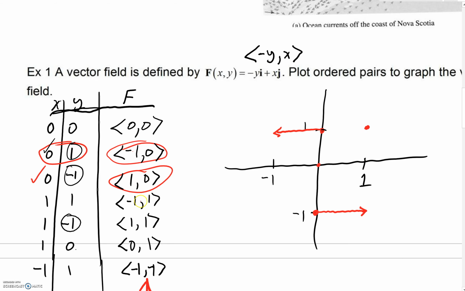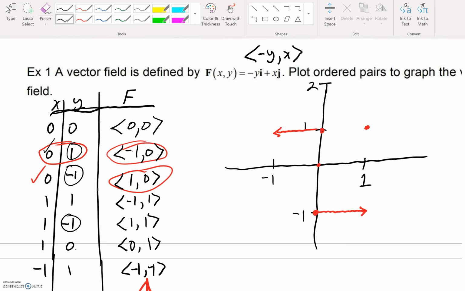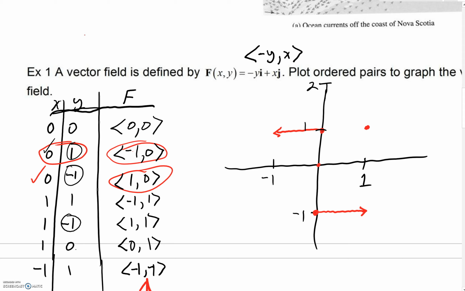Go left 1 and then go up 1. So what would that look like as a vector? At 1, 1, we'd say go left 1 and go up. So that's what your arrow is going to look like.